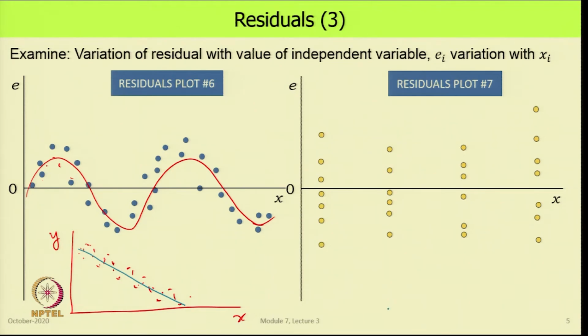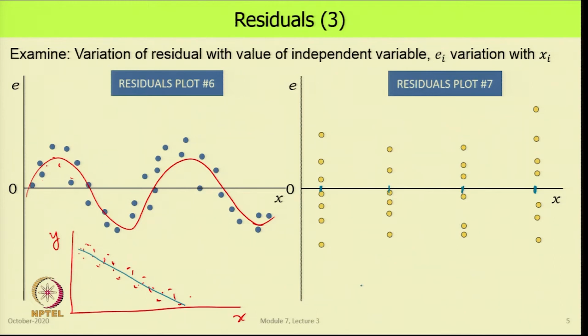And in this plot, there is something that you would see in most experiments, where we have few values of the independent variable, and at each point, we do the experiment several times. So, we end up getting residuals like this.